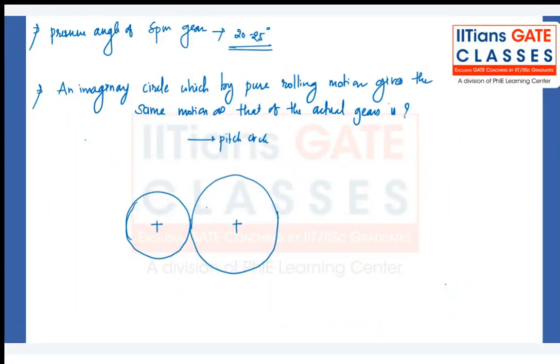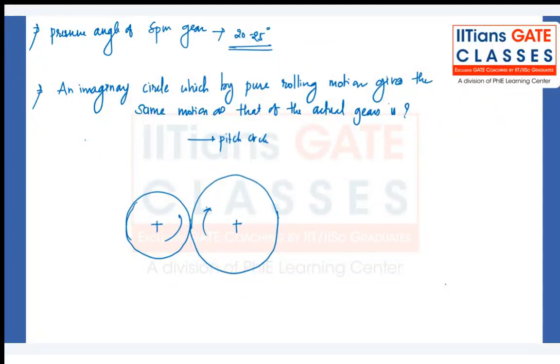But in reality, we know that if I try to rotate this wheel, there will not be pure rolling motion. There will be a rolling motion and there will be a slip also. Okay, sliding will occur between them. So we cannot transfer the motion from one shaft to the other 100%, right? So there is basically a loss.